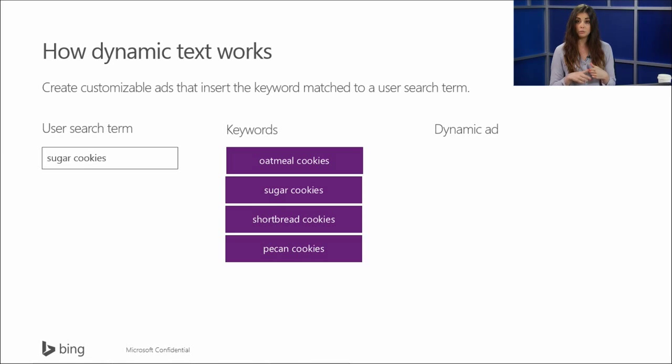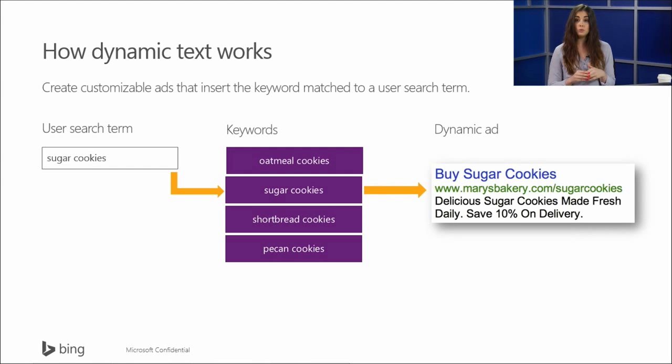So one ad group, these 4 keywords. What dynamic text will do is, depending upon what keyword was matched to the search term, it will then use that information to create a custom ad. So if the one matched to pecan cookies, then the ad would be specific to pecan cookies, with only having to create one ad. And we will get into the specifics of how you set these up.